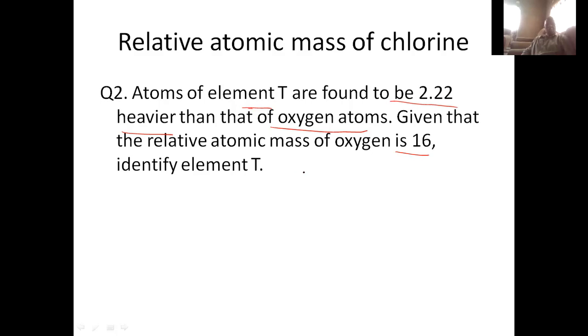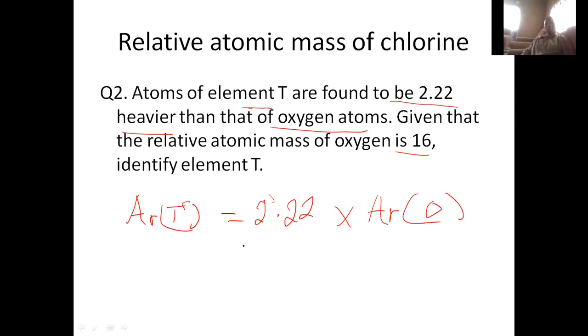And so here, they have not compared to carbon, they have compared to oxygen so that we identify the element T. So in other words, the relative atomic mass of this element T will be equal to 2.2 multiplied by relative atomic mass of oxygen, which gives us 2.2 multiplied by 16, which gives us 35.5.